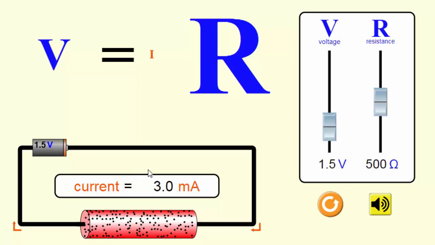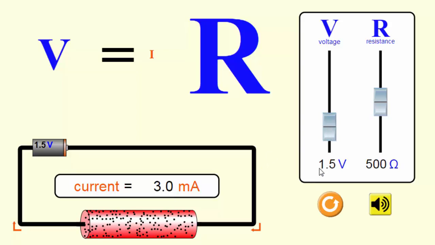Now we are going to explore the relationship between voltage and current when the resistance is set constant. So here we'll set the resistance at 500 ohms. And by the way, this symbol here is the unit of resistance. Uppercase omega stands for ohms, and we'll keep the resistance constant while we vary the voltage and monitor the impact on the electric current.